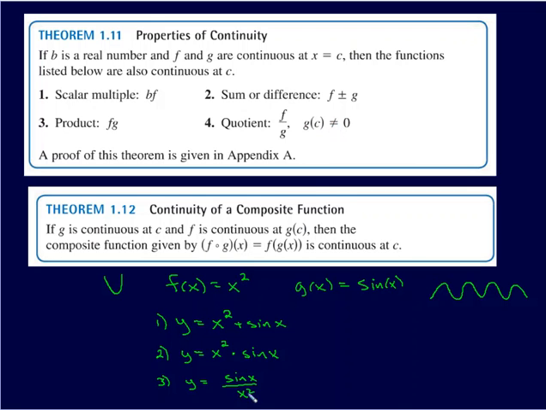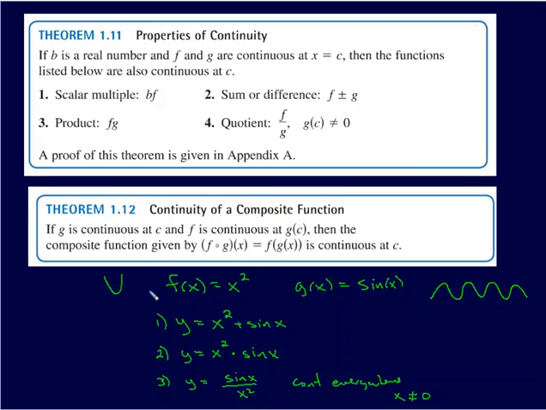So in this one I can see that if I'm dividing by x squared, if x were to be replaced with 0, I would be dividing by 0, and that would be what's mentioned up there. So this is continuous everywhere except at 0. Okay, so it's continuous everywhere x is not 0, but it is continuous everywhere else.